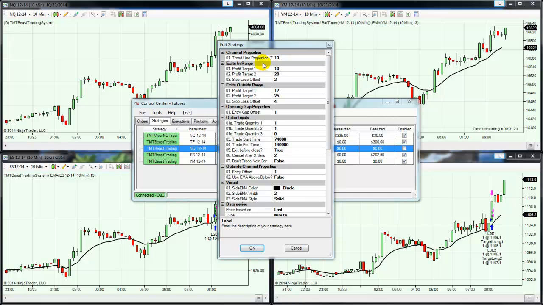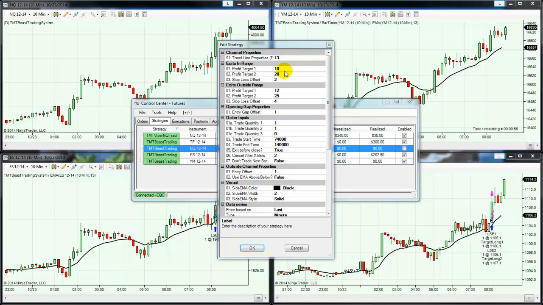The next thing you want to do is look at the profit targets, when to take profits, and this depends on if price action is trading inside the previous day's range or outside the previous day's range. So if price action ends up being inside the previous day's range, you want to set the profit target for your first exit at 10.